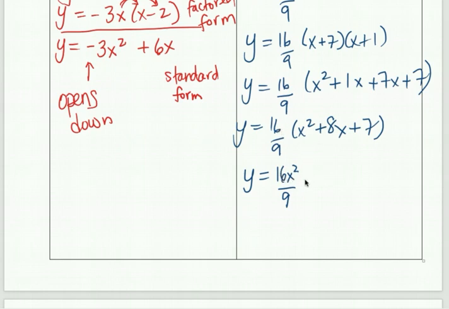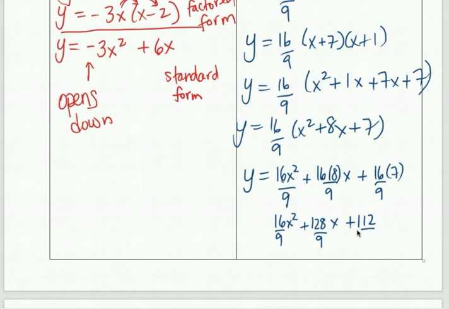I'm going to multiply this here, so I'll write it at first, and then I'll calculate it out after. You're literally multiplying everybody by 16 over 9. When you do that, it cleans up to, that one stays the same. This one becomes 128 over 9x.